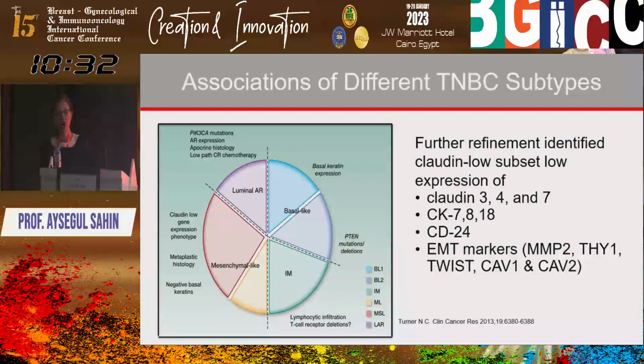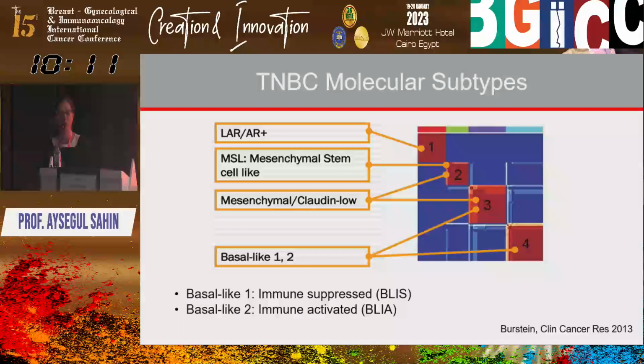And each category, when you look at the individual studies, has specific expression patterns of specific markers, such as Claudin 3, 4, and 7, which is a very specific marker for the Claudin-low category.